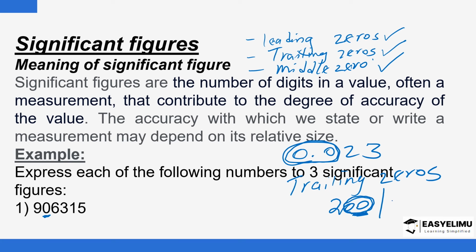But when you have something like 200 and then you see a decimal point, then these two zeros here are significant. They are going to be significant just by virtue of having the decimal point. So every time there is a decimal point, then the trailing zeros become significant.